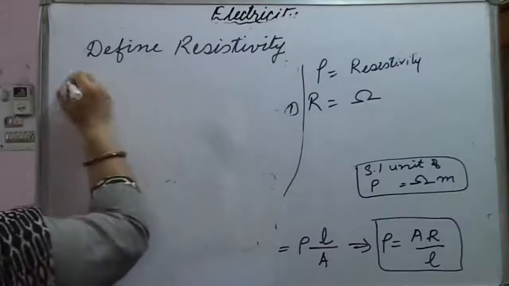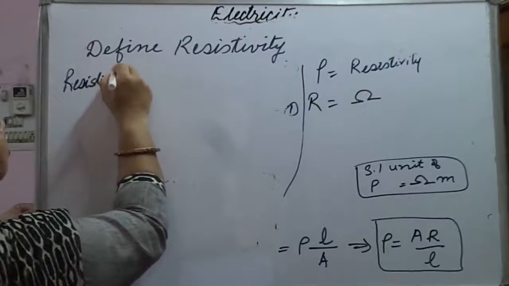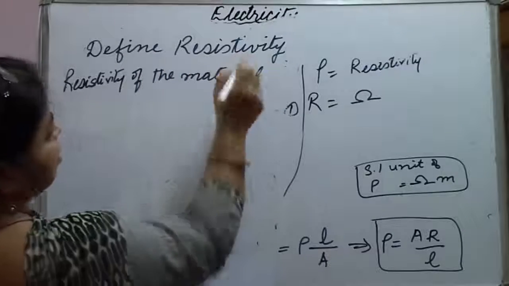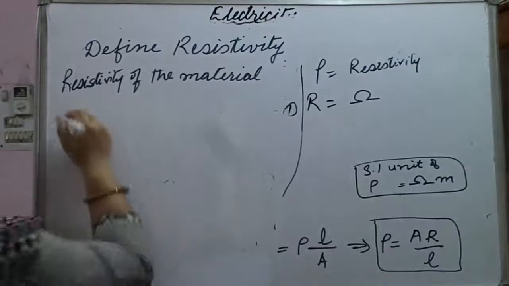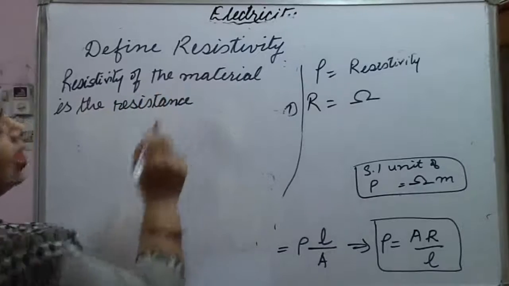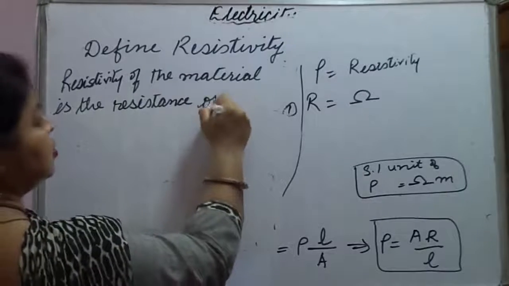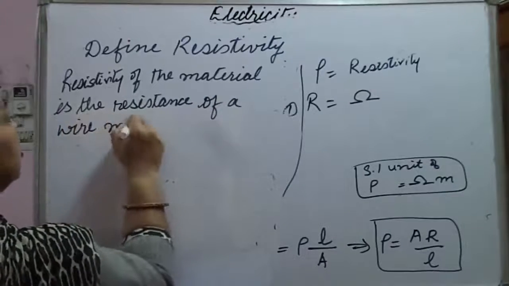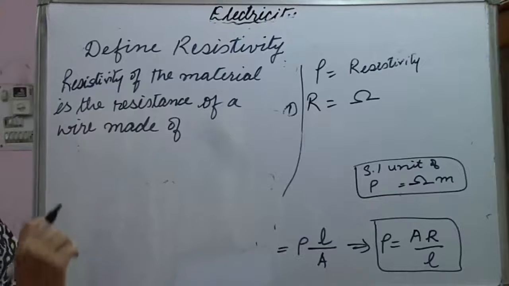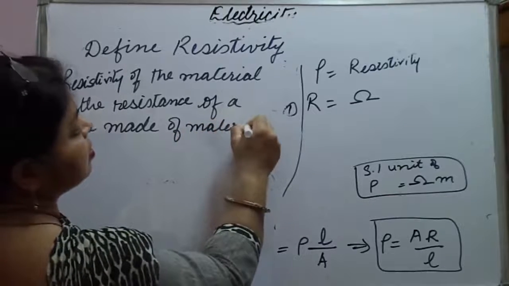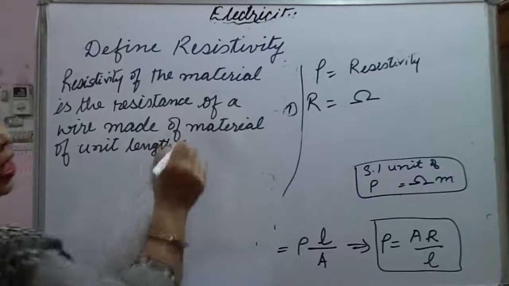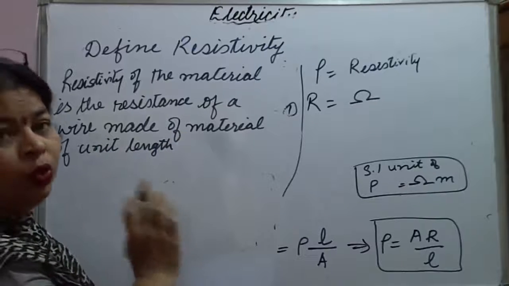The resistivity of the material of any conductor is the resistance of a wire made of the material of unit length and unit area of cross section.